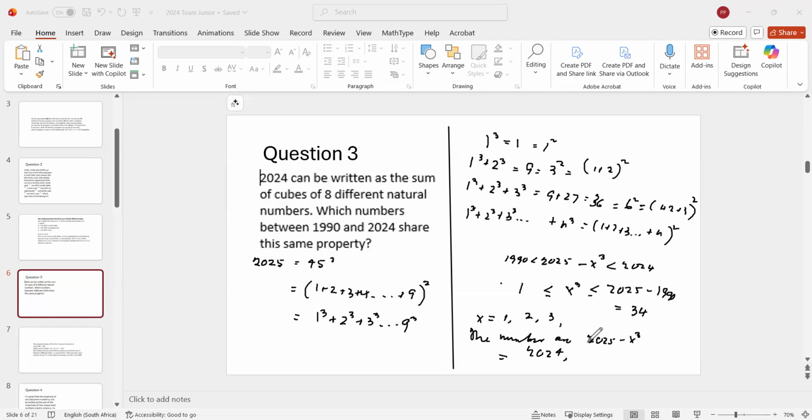And when x is 2, then x cubed is 8, so 2017 is one of them. And when x is 3, then x cubed is 27, and you take away 27 from 2025, you land with that. So these are the numbers which can be written as a sum of 8 cubes. Just a select few of numbers.